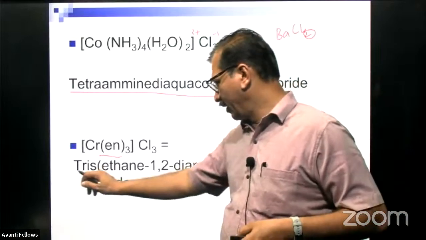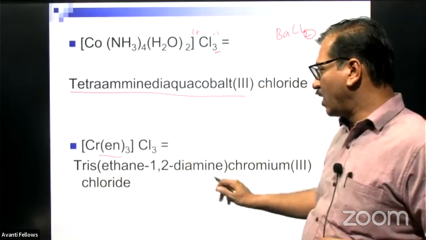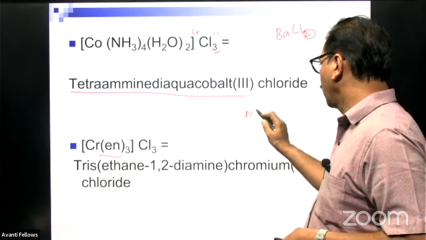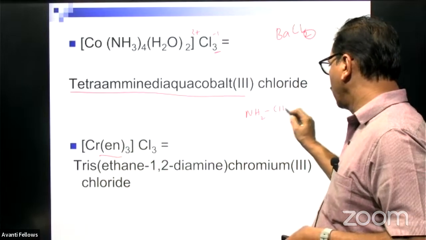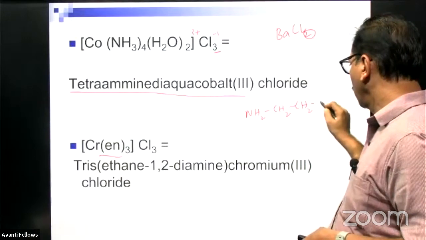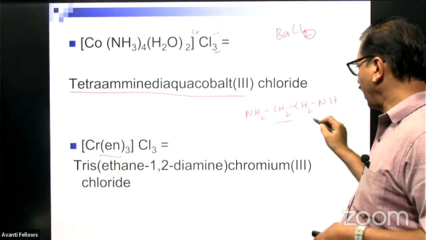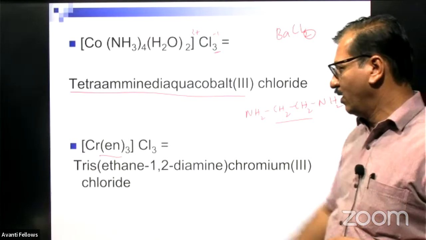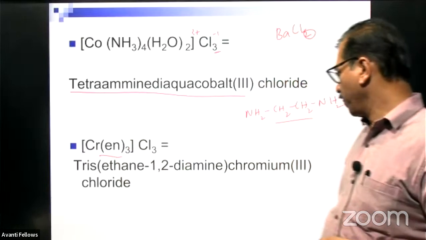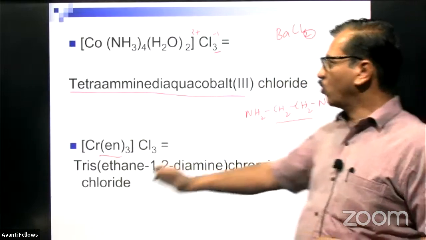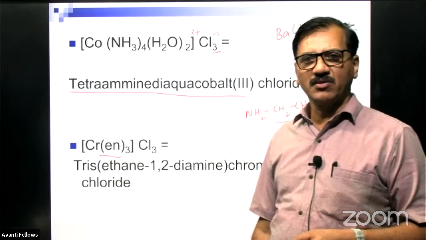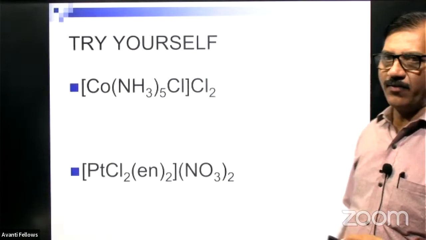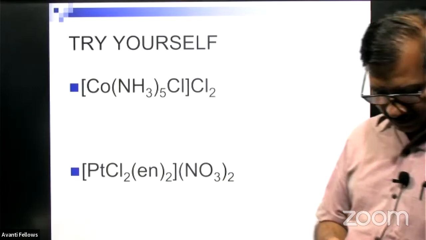More than 3 will not be there. en is nothing but ethane-1,2-diamine. Then chromium(III) chloride. Now try yourself. Take a paper.